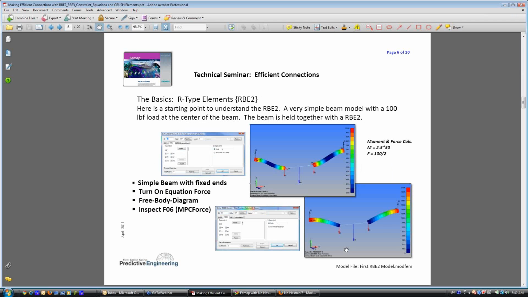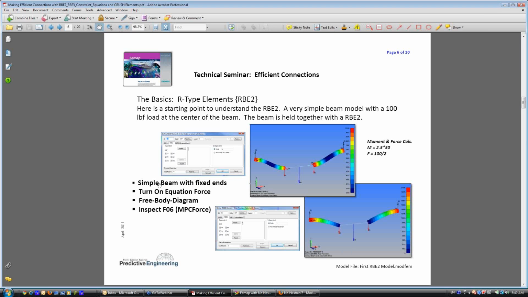So, the first model. This will make it a little more helpful. You guys won't find it so dry. This is a basic, simply supported beam, and I fixed the ends. So it's completely constrained. It's not going to spin off in space. Both ends are fixed. We put a load out in the middle, and we use a rigid link, an RBE2, to constrain the load.